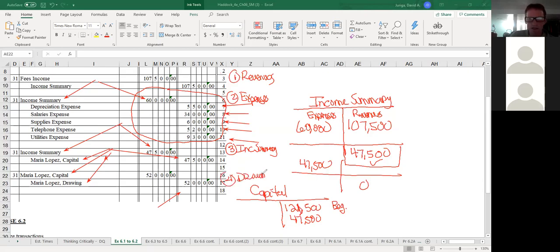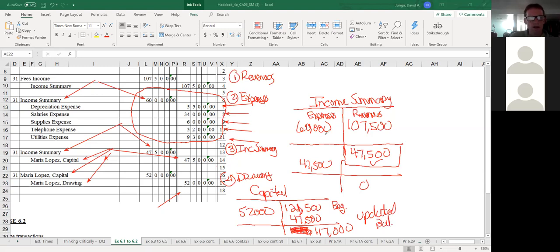That's closing out the drawing account. Notice that capital gets another debit posting of 52,000. And at that point, you could then update the balance of capital because now you've closed out all your temporary accounts, and you'll get right at, my stylus isn't working very well today, it's right at $117,000. That would be your updated balance.